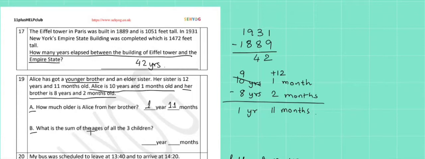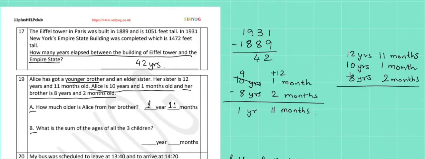In part B, what is the sum of the ages of all the 3 children? So we will take the ages 12 years 11 months, 10 years 1 month, and 8 years 2 months.